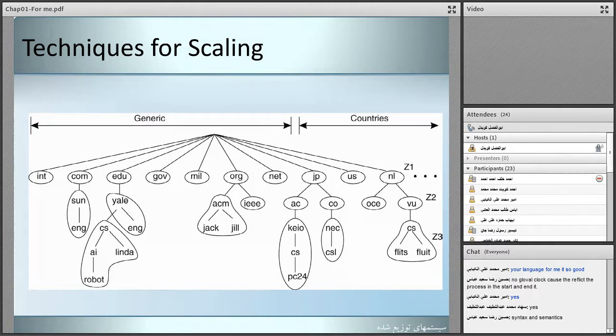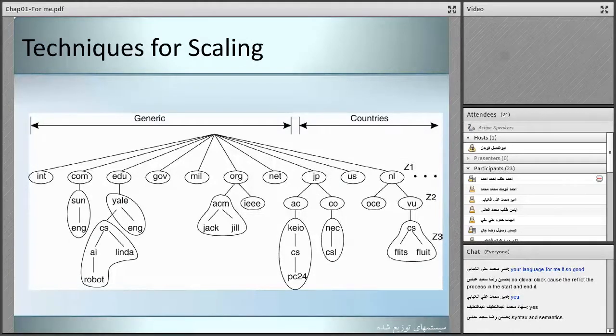For example, we have different locations, different servers. Every server handles some domains. For example, .us, .jp, .net, .com, .ir. So the first step is to find the .ir server. So you are connecting to a server that gives you some services about the .ir domain.